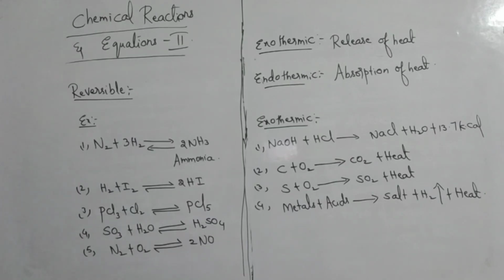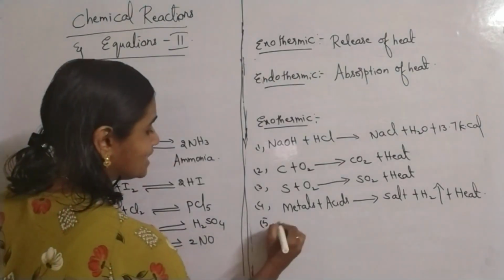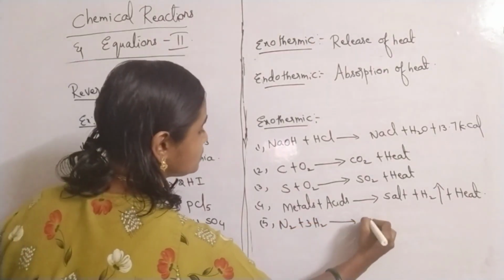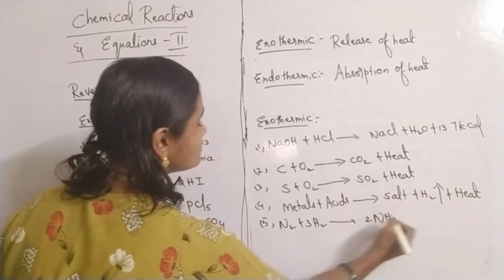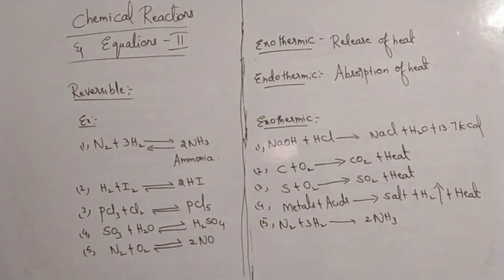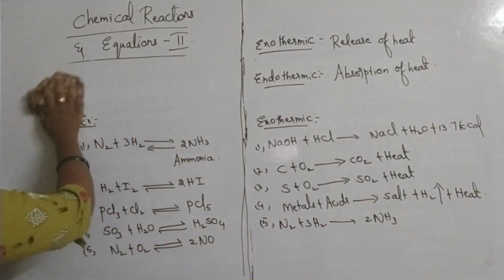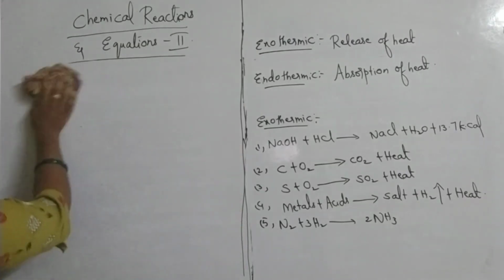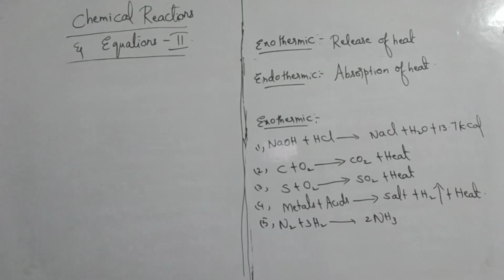Even formation of ammonia, as I said, is also an exothermic reaction. N2 plus 3H2 gives rise to 2NH3. Then what are the examples of endothermic reactions, where heat energy is absorbed?